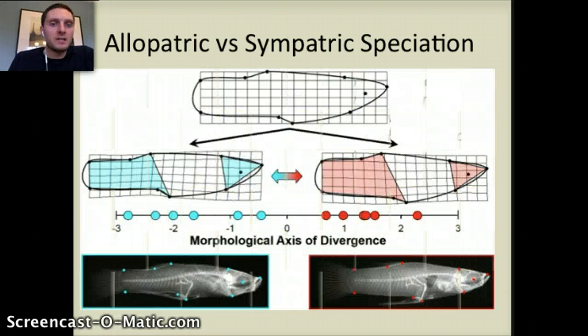An example of this that we've actually seen in nature is in a species of fish, mosquito fish found in the Bahamas. If you look at these two images, the red and the blue, you'll notice some differences in the physical characteristics of their tail regions. This one looks a little bit thicker, and this one's a little bit longer and not quite as thick. This mosquito fish population was divided into two subpopulations in different ponds, with different selection pressures.